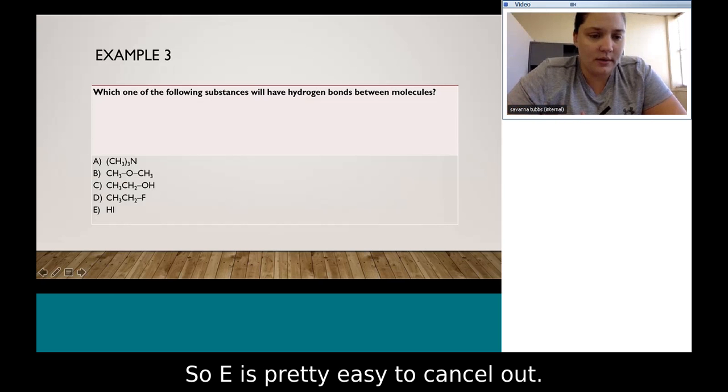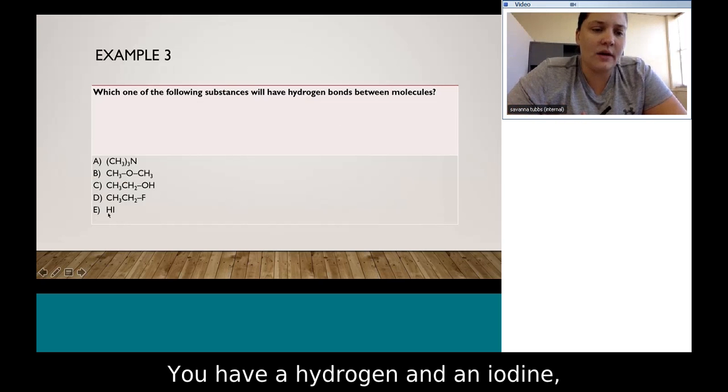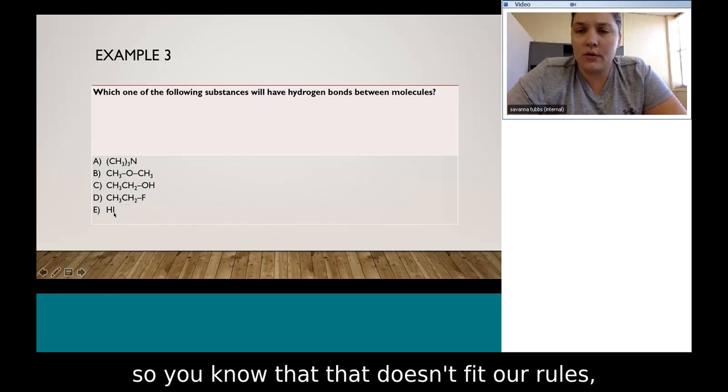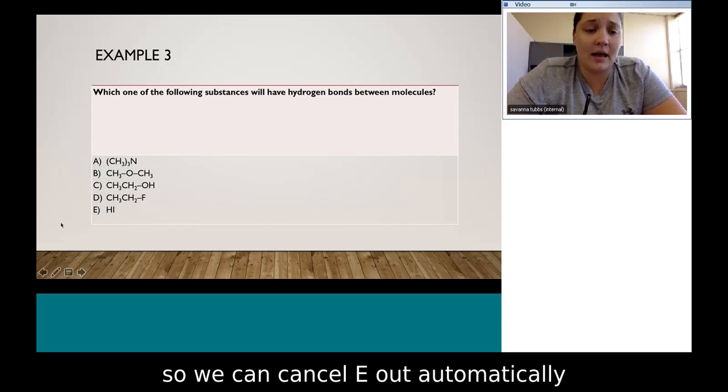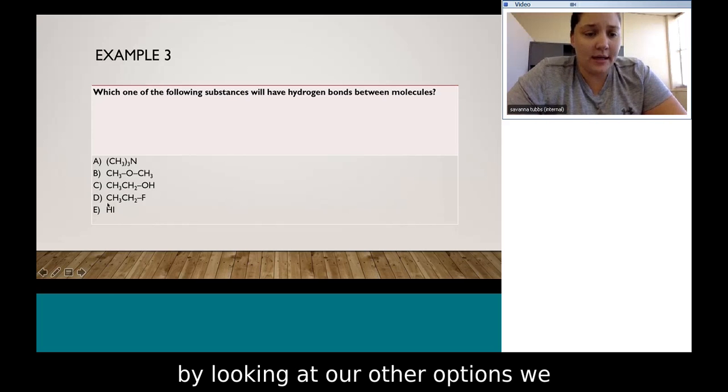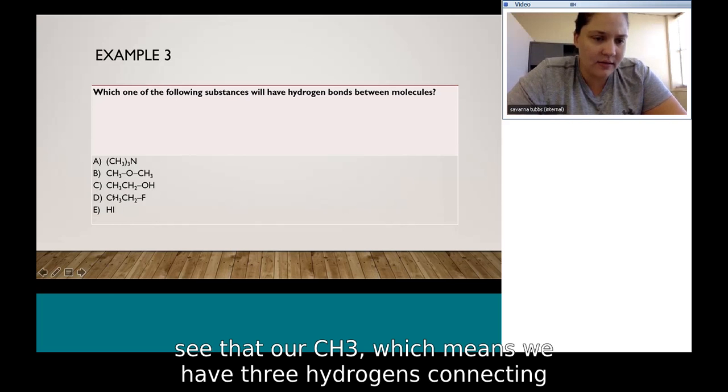So E is pretty easy to cancel out. You have a hydrogen and an iodine, so you know that that doesn't fit our rules, so we can cancel E out automatically.